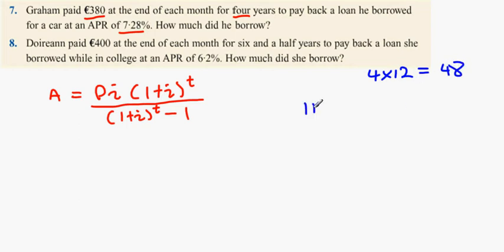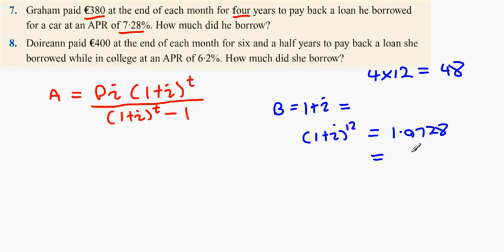Now, our 1 plus I value is going to be our B value in the calculator, and 1 plus I to the power of 12 has to be the same as 1.0728, because it has to be the same as that over 1 year.